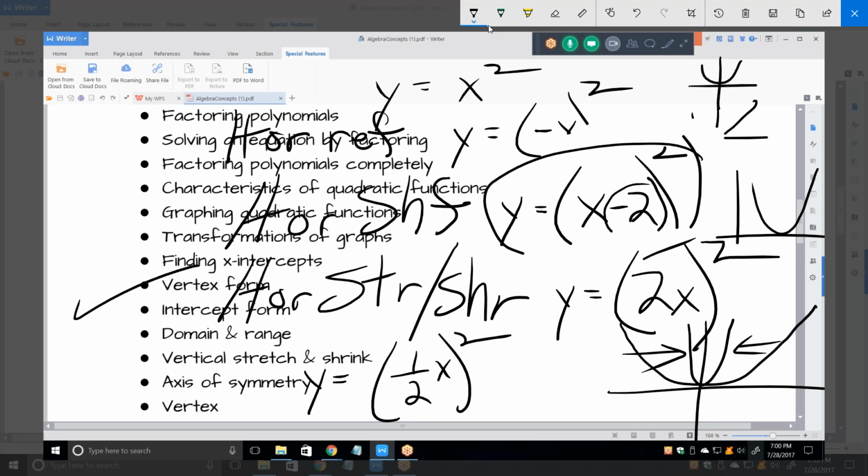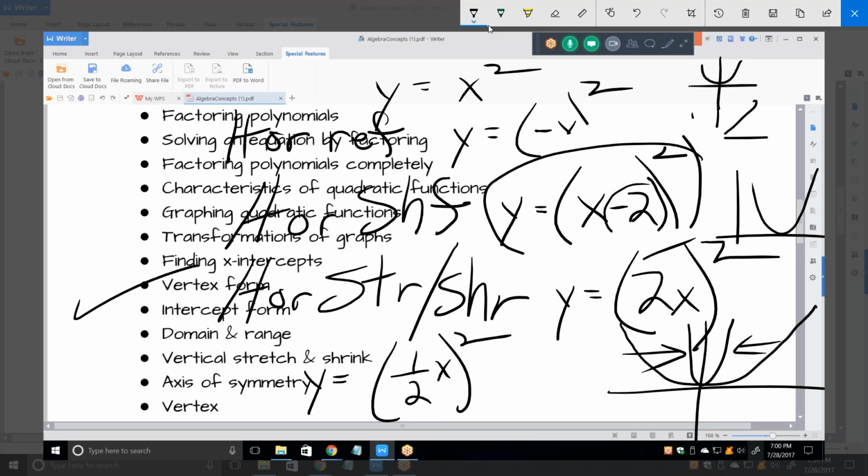So if I were to look at it as a vertical stretch, it would be skinnier by a factor of 4. And down here, I would end up with 1/4 x squared, which would also be a fattening of my parabola.